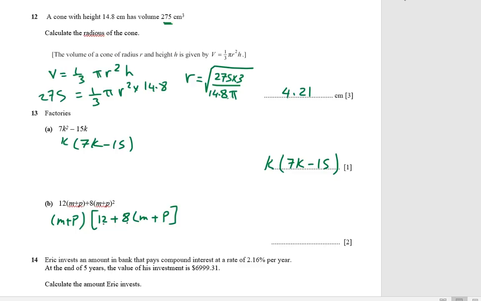So 12 and 8, we can take 4: 4(m plus b)(3 plus 2(m plus b)). So to simplify, the answer here will be 4(m plus b)(3 plus 2m plus 2b). This is your answer. Okay, let us go ahead.